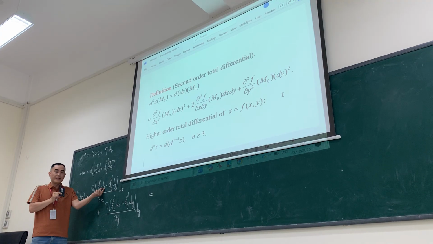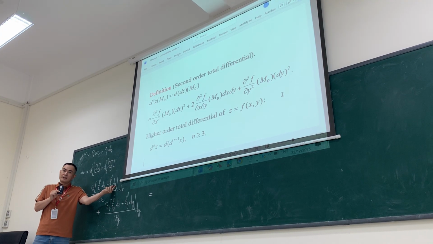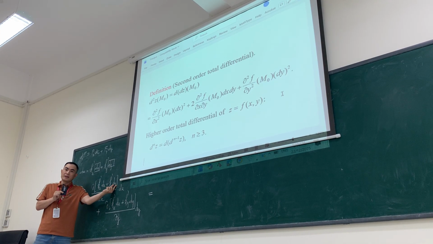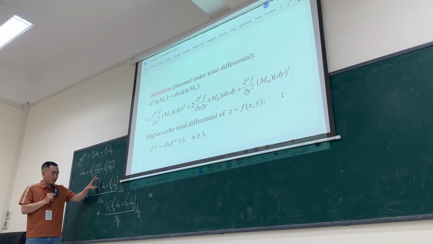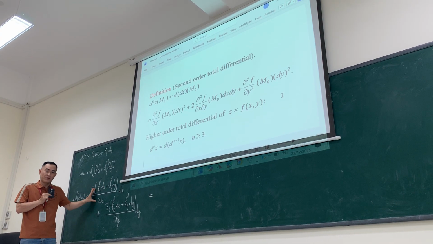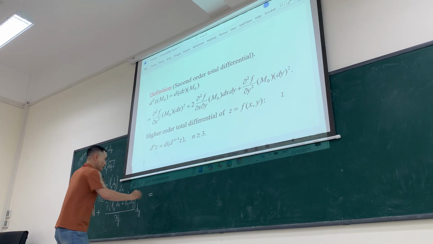Now you can see dx and dy are constant. So taking the partial derivative of the function here, what value is equal?